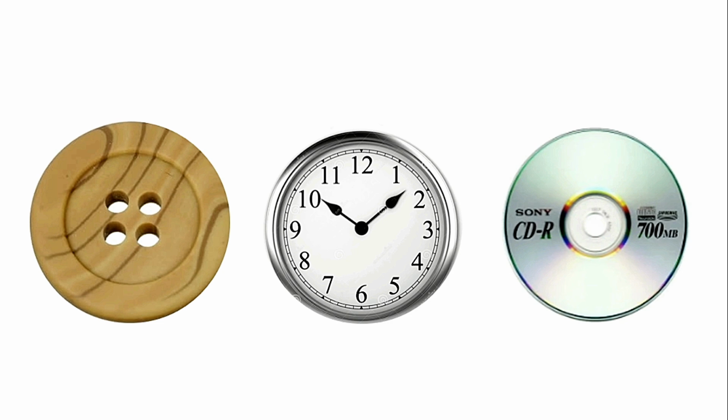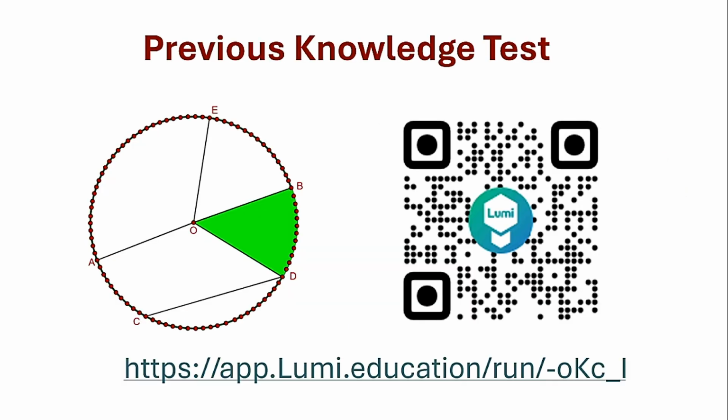Some other examples are bangles, a cycle rim, and so many others in our daily life. These are examples of a circle. Before we go ahead, we would like to go through a small previous knowledge test. For this, we can scan the QR code displayed on the screen or use the link at the bottom part of the screen.